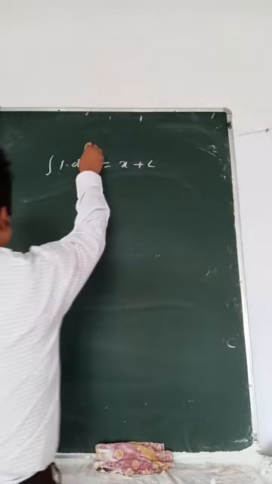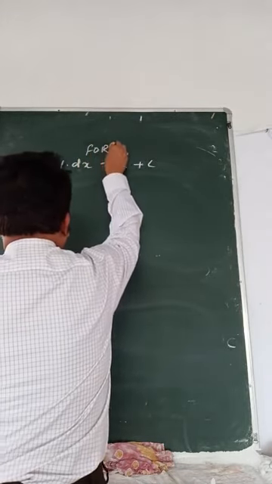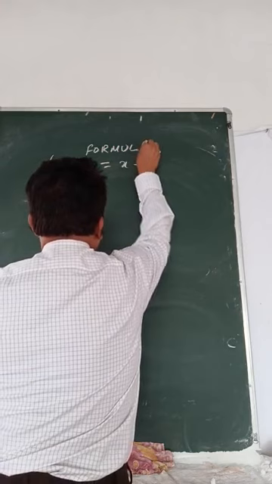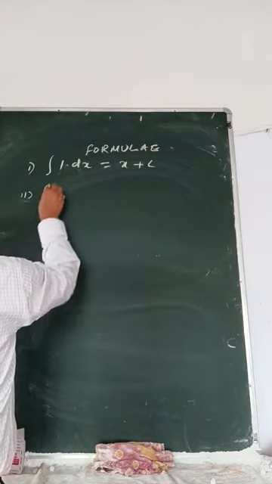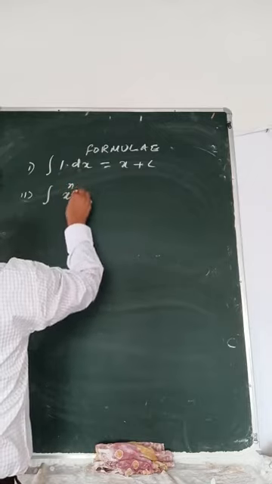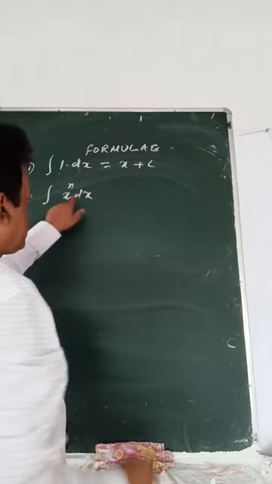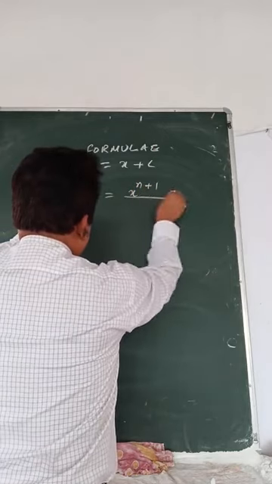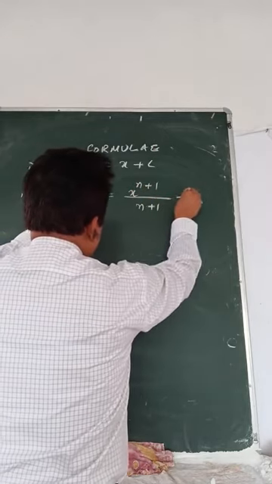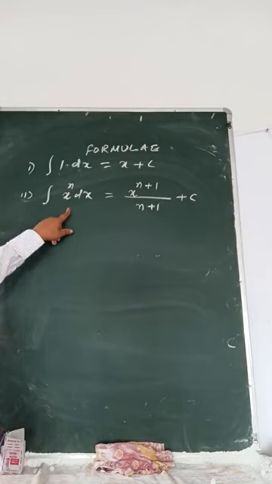Formula you have to remember. Then integration of x to the power n is x to the power n plus 1 by n plus 1, plus a constant of integration.